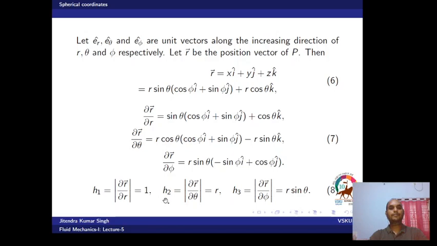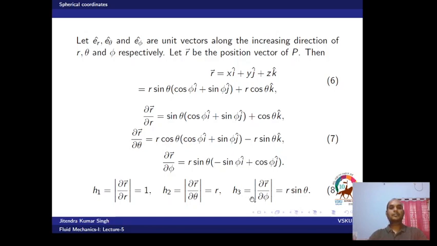So h1 is 1. h2 is the magnitude of the vector partial r by partial theta. Here cos square phi + sin square phi is 1, and we get r square cos square theta + r square sin square theta, which is r square (cos square theta + sin square theta), and the square root of r square is r. So we get r.